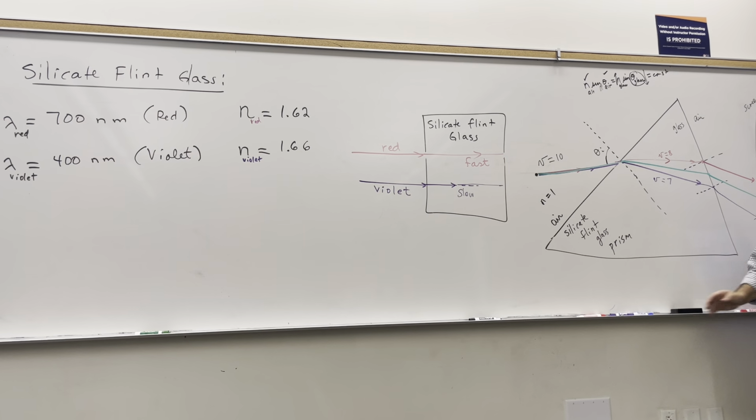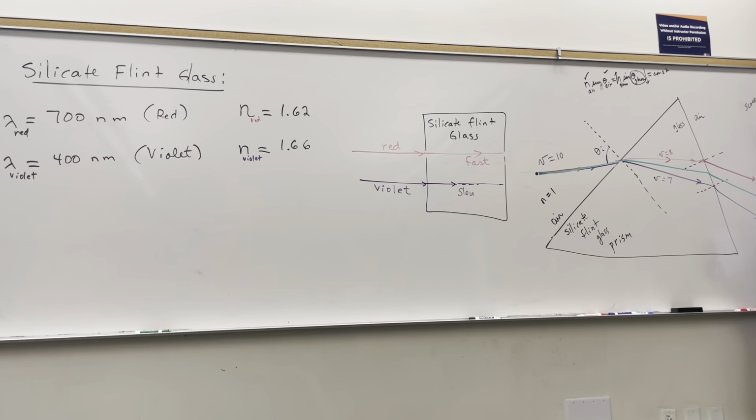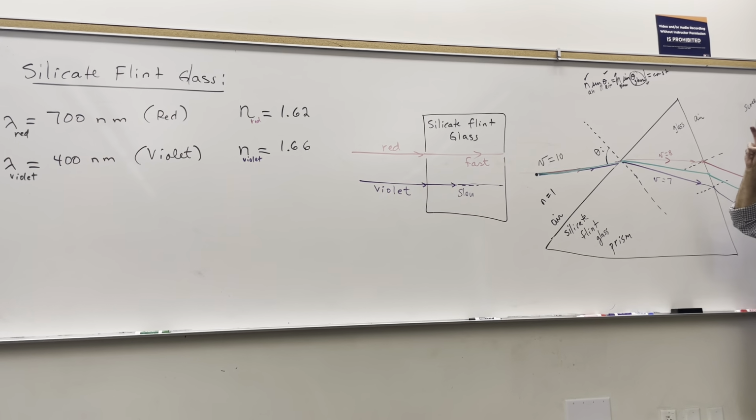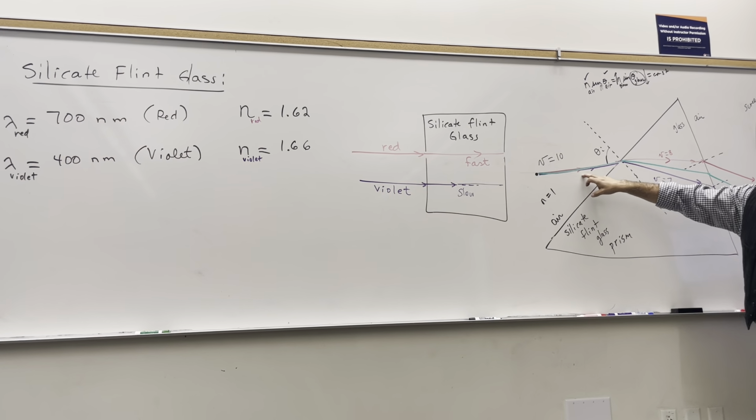So notice that one way to think about it conceptually is like this. The wave that will experience the greater change in speed, the more slowing down or the more speeding up, is the one that will refract more. So if you compare the red light here in the glass is traveling at 8, while in air it was traveling at 10.